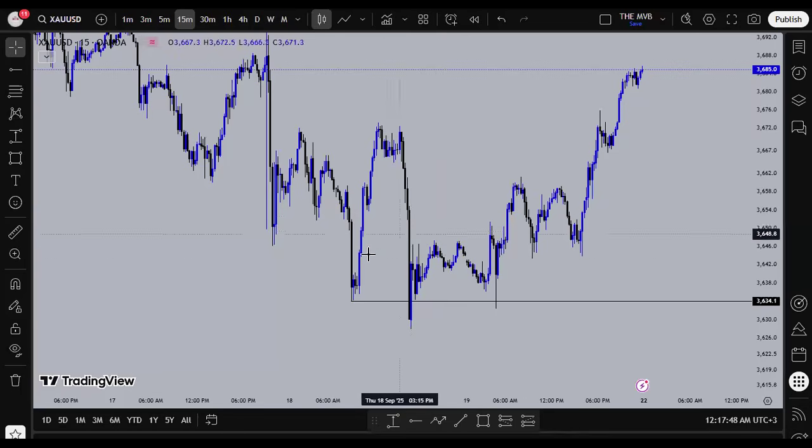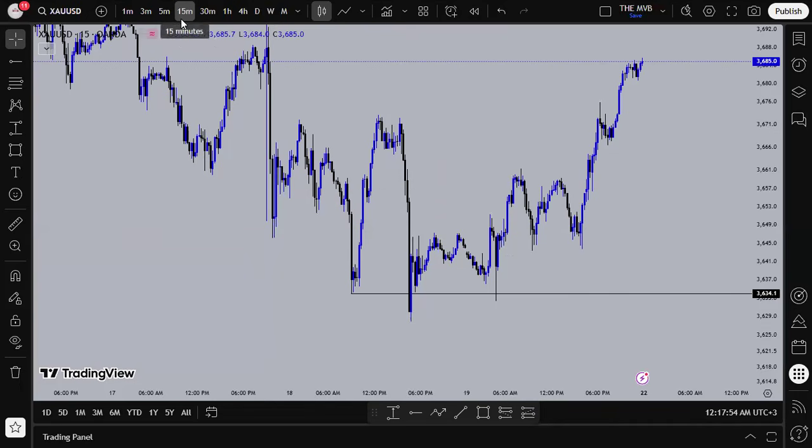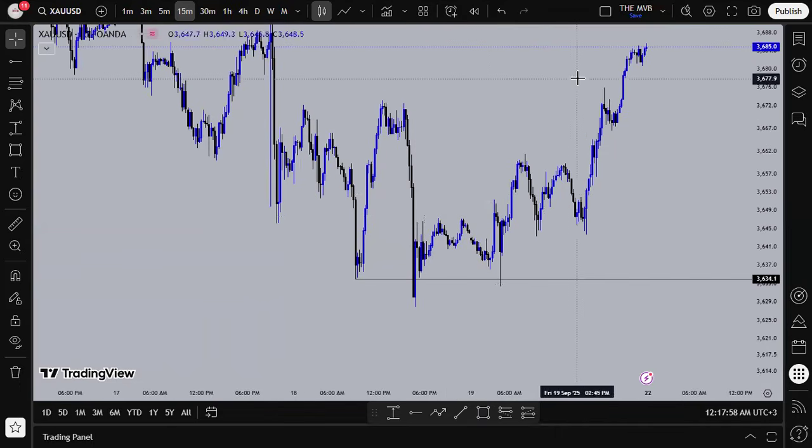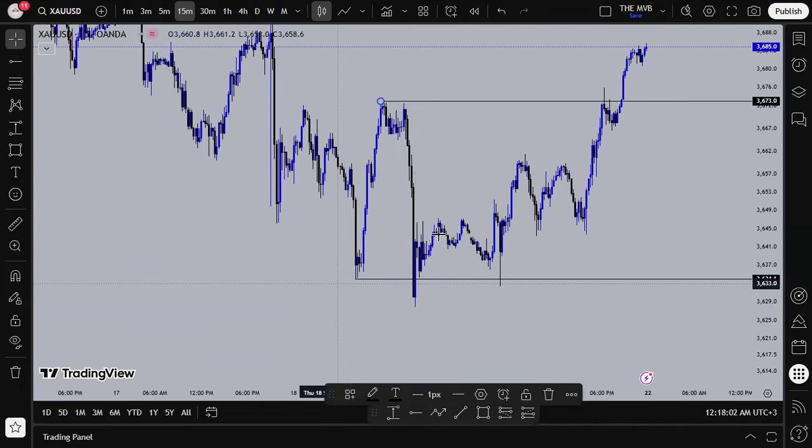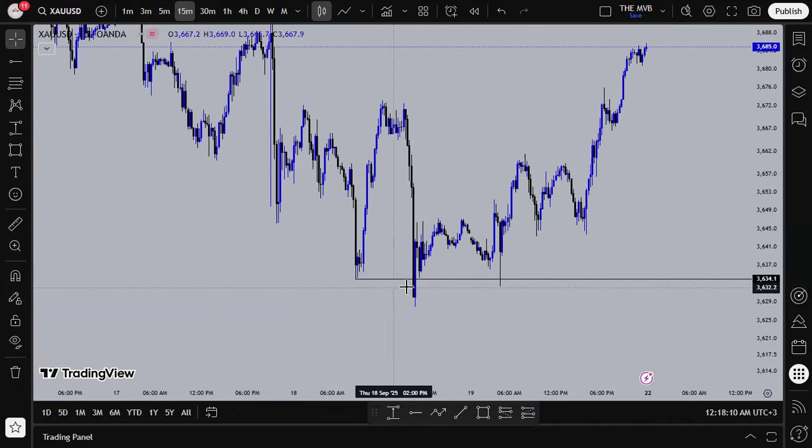Right. So we are in gold right now, and this is the 15 minutes time frame. Now look at here. Why did this price not respect this structure here? Because of FTA. Now we can see here, this is a clean weak to body breakout.